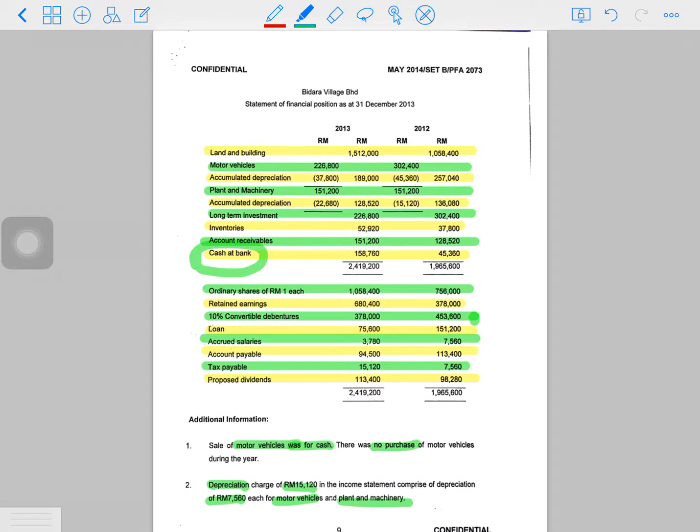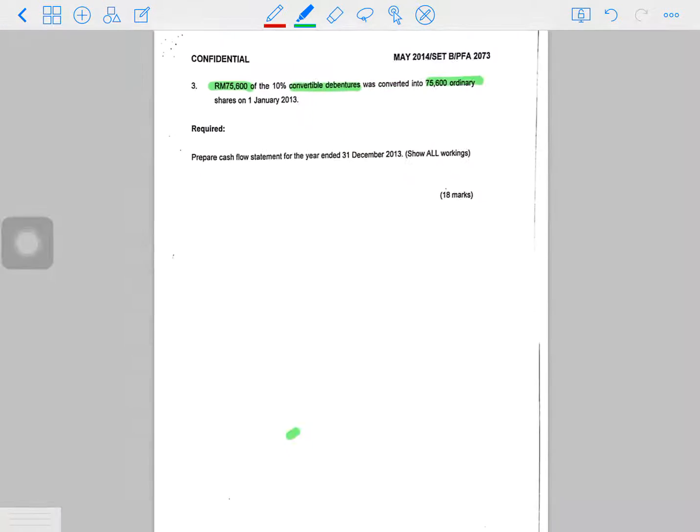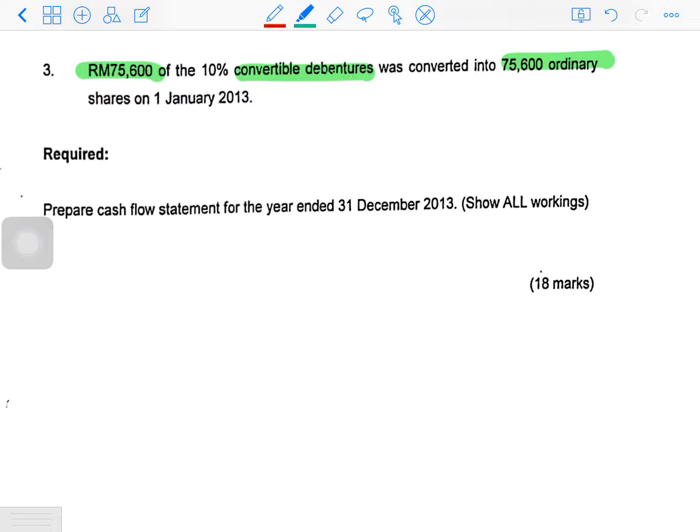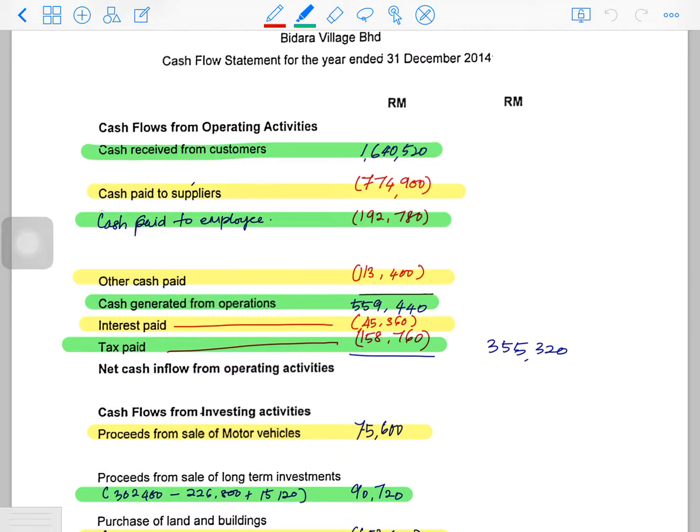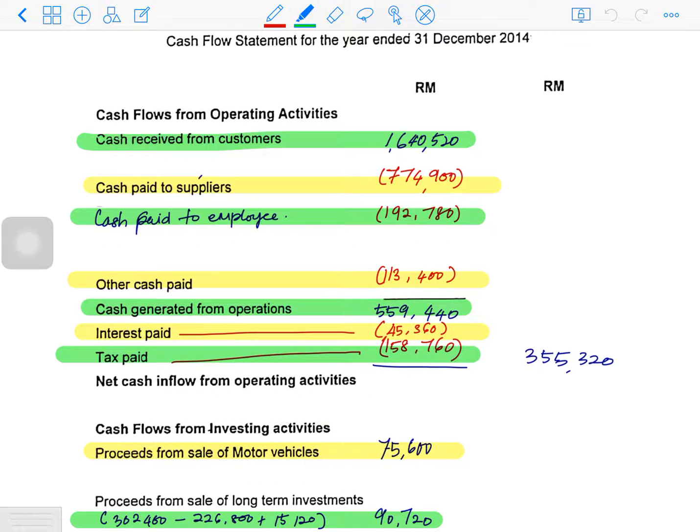Does not involve cash. So anyway, to start, you have to look at what the question is asking you to prepare. The question will ask you to prepare cash flow statement. Normally it doesn't mention, right? If it doesn't mention it, you can prepare using direct or indirect method. But here, the solution shows which method is used, direct or indirect, because it starts with cash received from customers, right?